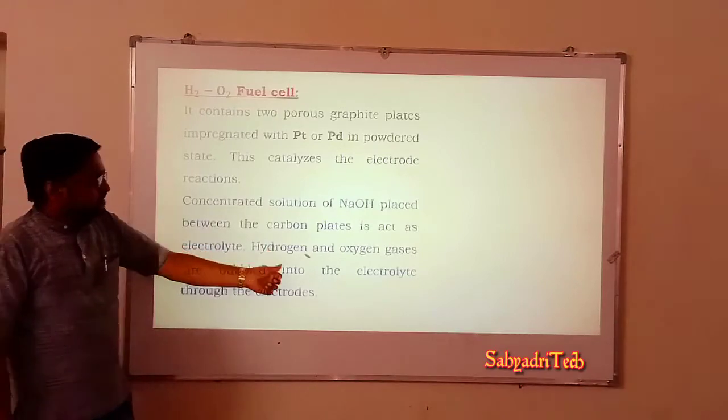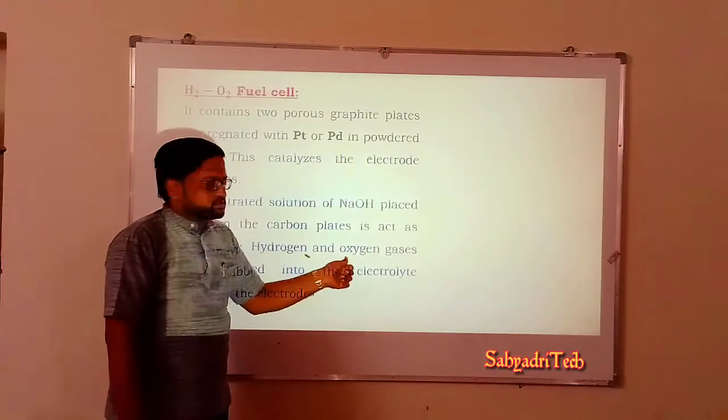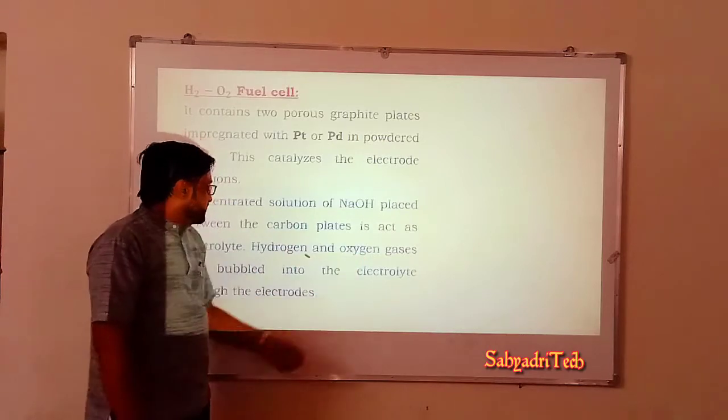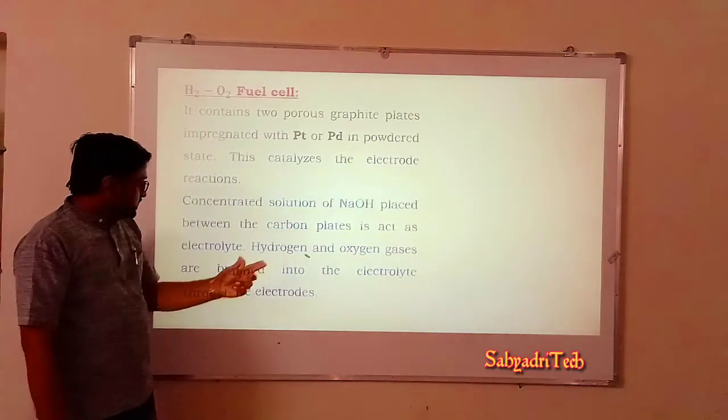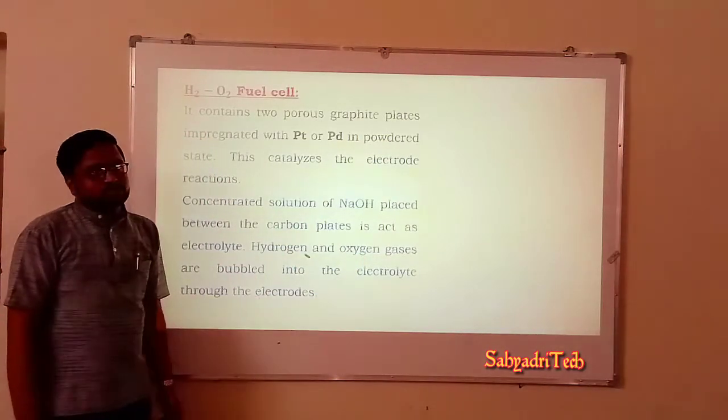Hydrogen is the fuel and oxygen is used for combustion. Hydrogen and oxygen gases are bubbled into the electrolyte through the electrodes.